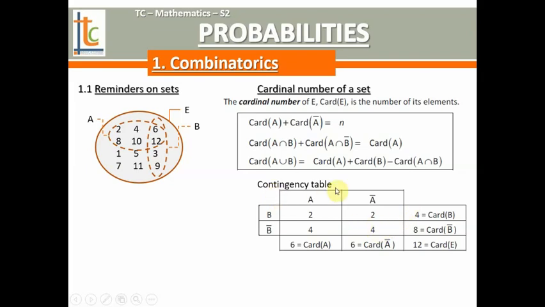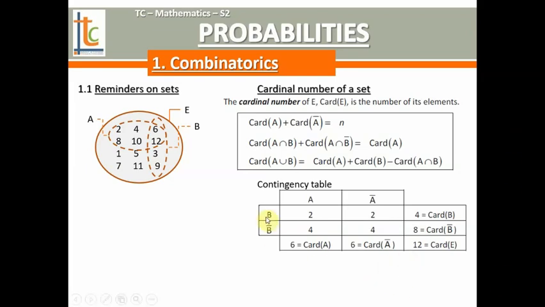In a contingency table, you're supposed to only count the number of elements and not put the list of the elements. The fact that these 4 elements are the numbers 2, 4, 8, and 10 is additional information. But for the purpose of calculating further probabilities, you just want to know how many there are. That's all.